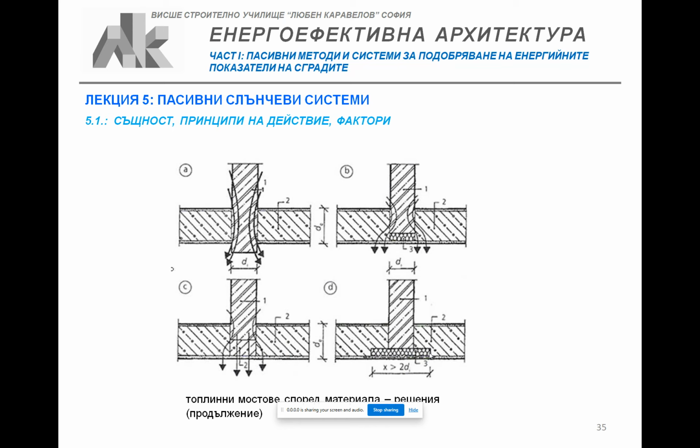And what is important to remember is that this additional insulation in front of the thermal bridge should not cover only its forehead, but it should be twice longer than the forehead of the thermal bridge element.